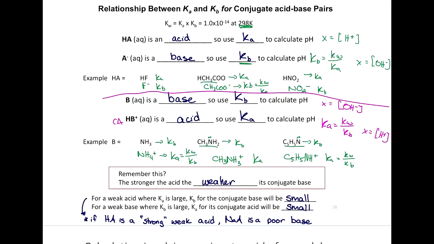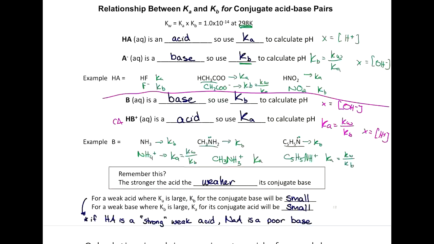Crappy acids have conjugate bases that are really good, that have really large Kb values. And so we see from this relationship that an acid where Ka is relatively large, the Kb for its conjugate is going to be a small number because both those numbers have to multiply to a constant. Versus if you have a weak base that's really strong, you're going to have a really crappy conjugate acid. And so that's the relationship between Ka and Kb. The bigger one is, the smaller the other one has to be.